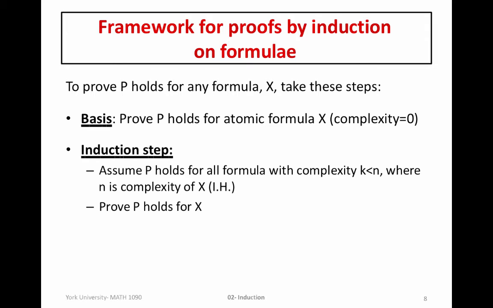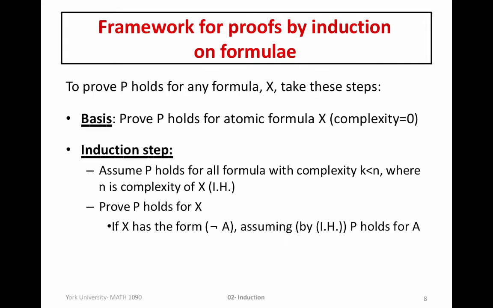What does x look like? We know at this step that it has complexity 1 or more, which means that it has at least one connective, so it can have one of two forms. The first possible form is that it is of the form not A for some well-formed formula A. In this case, we need to show that the property holds for a formula of this form.